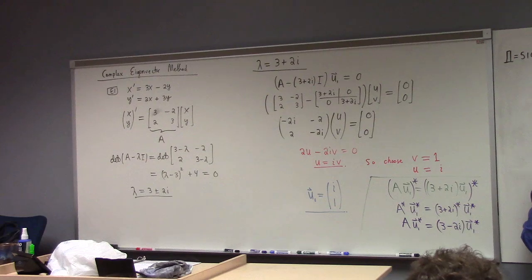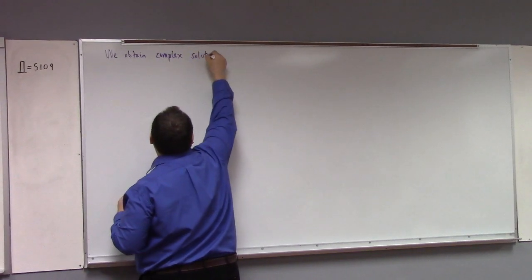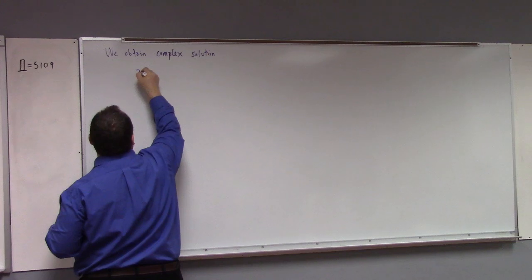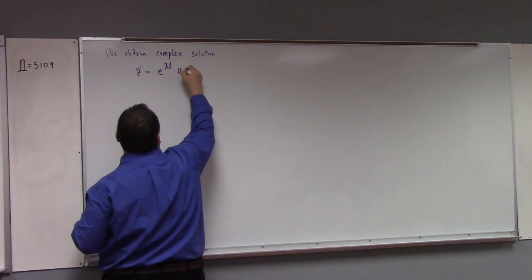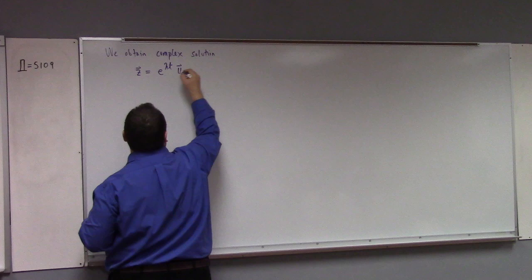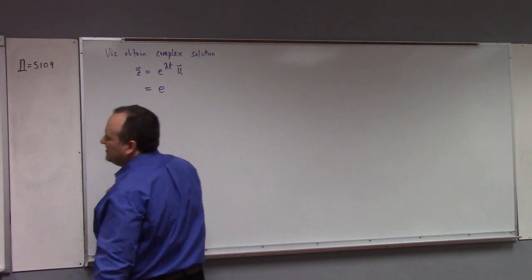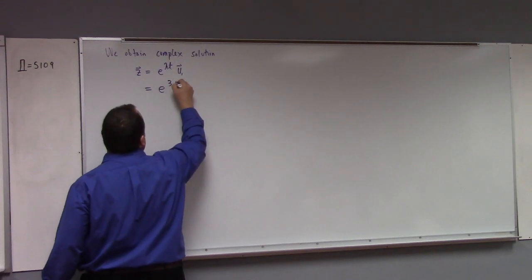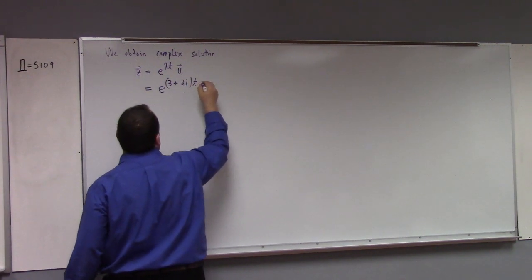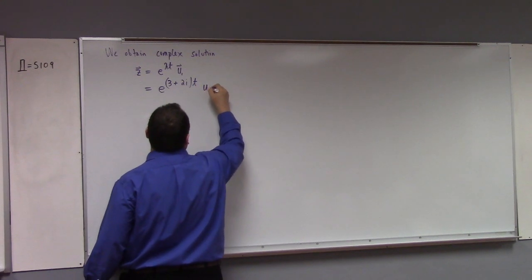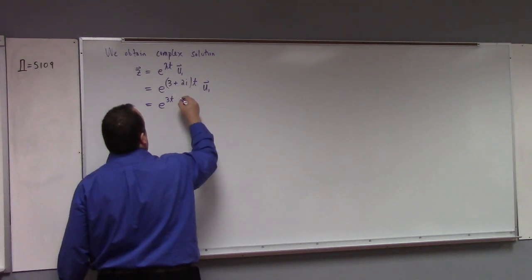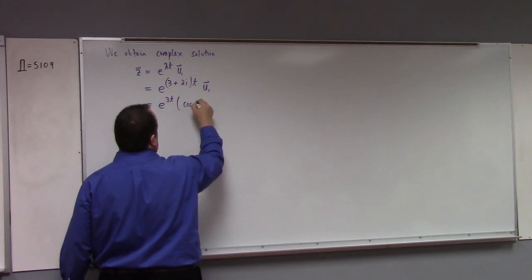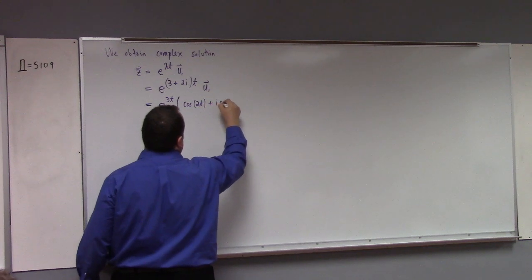So we get a complex solution, z, I'll call it z vector, equal to e to the lambda t times the u1 vector, which in particular here is e to the (3 plus 2i) times t, times u1, which is e to the 3t times, well, the way that works out by definition is cosine 2t plus i times the sine of 2t.